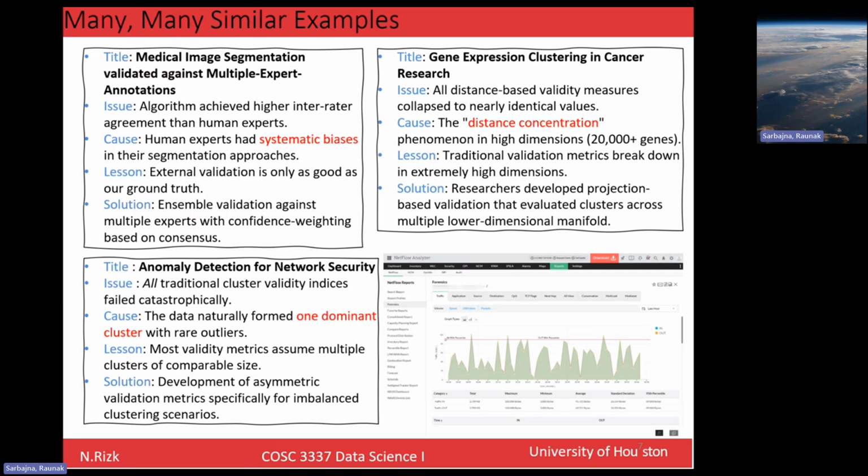The second one is where very high dimensional data created the problem. What they were doing is gene expression clustering in cancer research. They were trying to figure out which genes were indicative of different types of cancer.